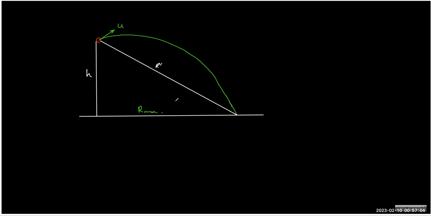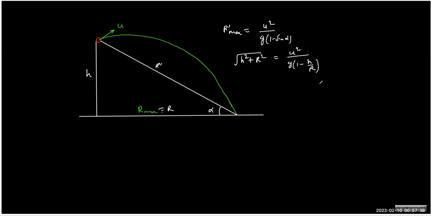And you know the R dash maximum formula. What is R dash max? Tell me. U square by G into 1 minus sine alpha. That's it. And the rest you know the game. So R dash you can write as H square plus R square. This is R only.